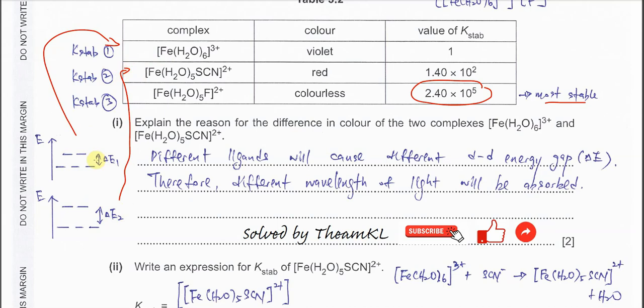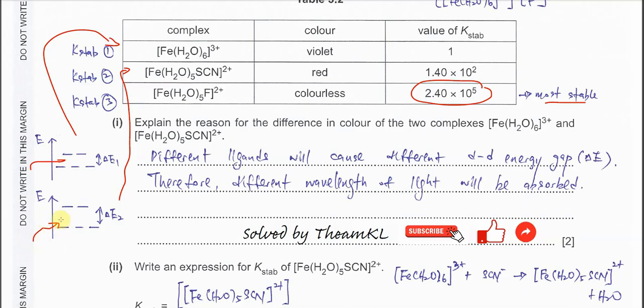Because their energy levels are different between the d orbitals, when visible light passes through the sample, the electrons in the lower-energy orbitals will absorb the light and get promoted, or excited. The same thing happens to the other complex ion.